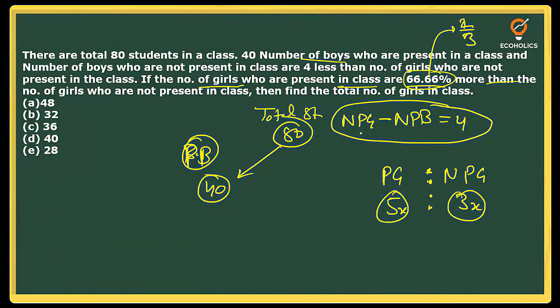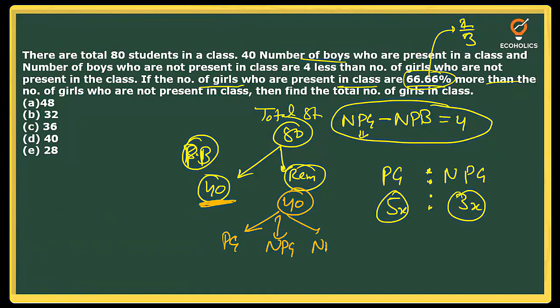And what is this non-present? Listen up now. Out of 80, 40 are boys present, so 80 minus 40, remaining are 40. Now these 40 include present girls, non-present girls, and non-present boys.